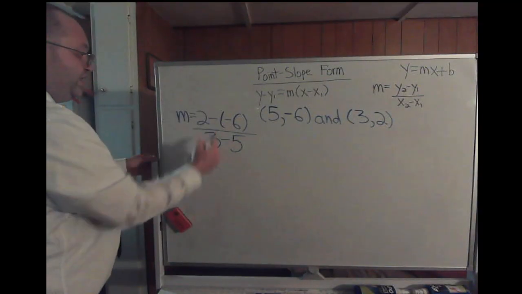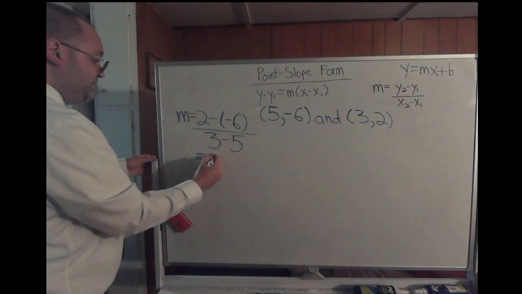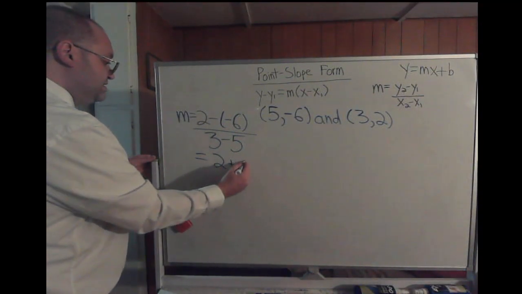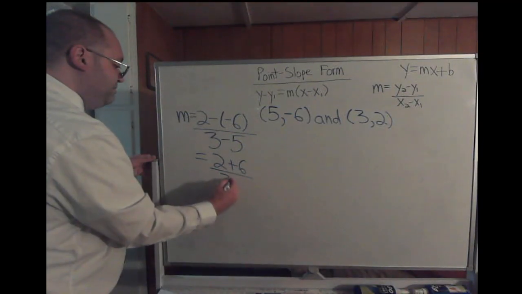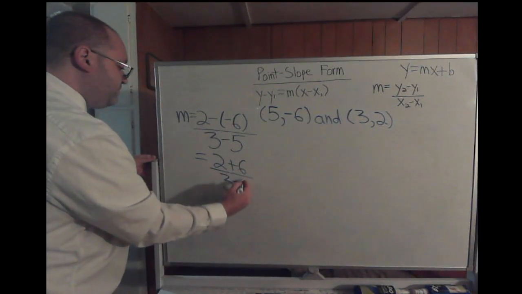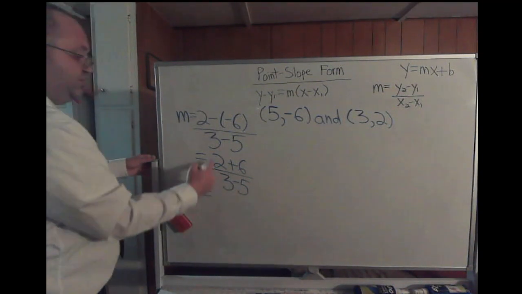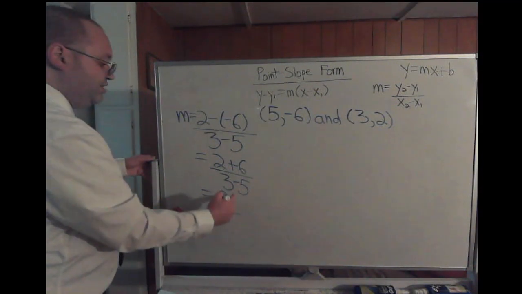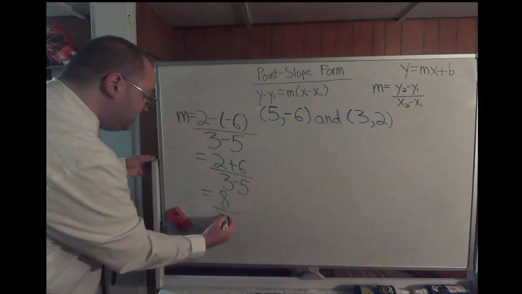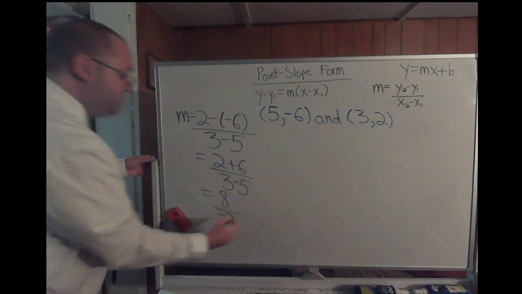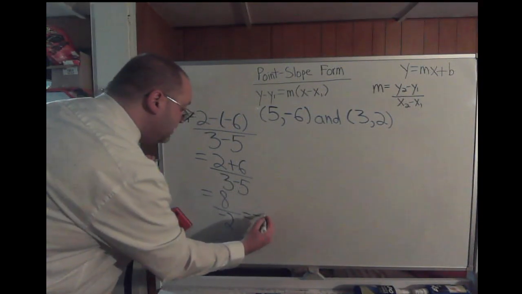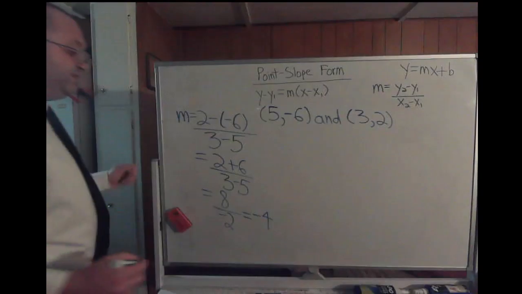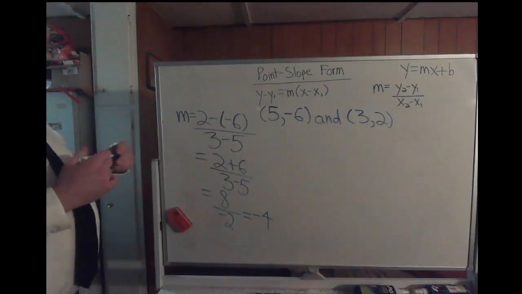Which would mean in the numerator 2 minus negative 6, that'd be the same as 2 plus 6, over 3 minus 5. Which means in the numerator 2 plus 6 is 8. The denominator, you have 3 minus 5 is negative 2. 8 divided by negative 2, well, that's negative 4. So we now have a slope of negative 4. We found the slope, negative 4.